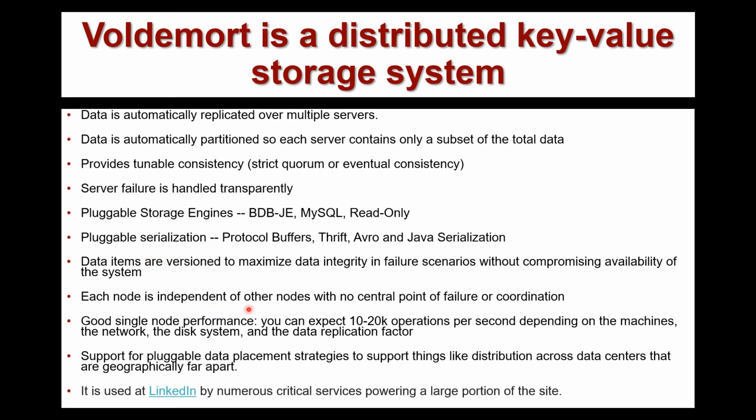Each node is independent. It also has good single node performance and support for pluggable data placement strategies, to support things like distribution across data centers that are geographically far apart. So it's very good for social media like LinkedIn.